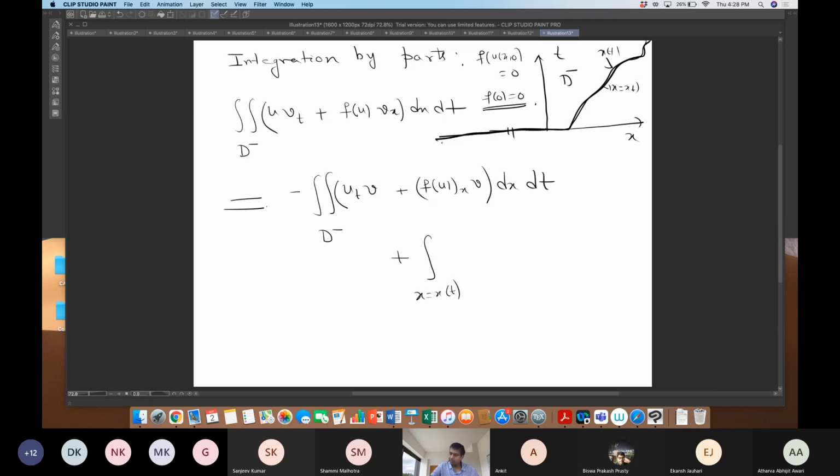So only this boundary part will come into play, and we will get u minus v eta 2 plus f of u minus v eta 1, with the measure of the boundary. Here are eta 1, eta 2. So this part you understand. You don't understand why these boundary terms come, right? Am I right? Yes, sir.